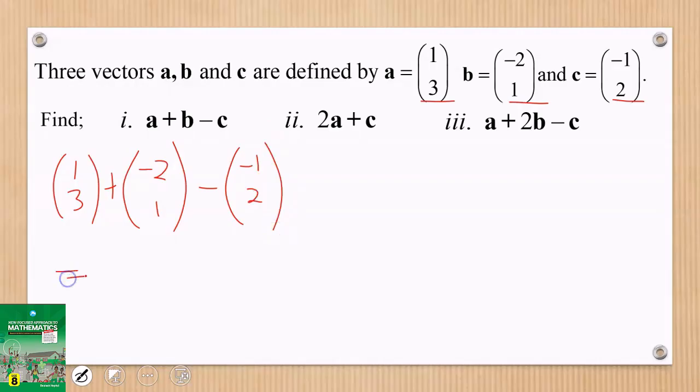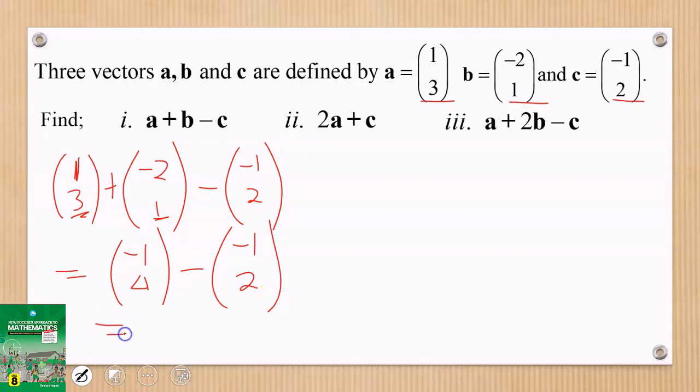We can do this the simplest way: 1 plus -2 will give us -1. Then 3 plus 1 will give us 4. Then we bring our minus (-1, 2) over here. And of course, -1 minus -1 will give us 0.